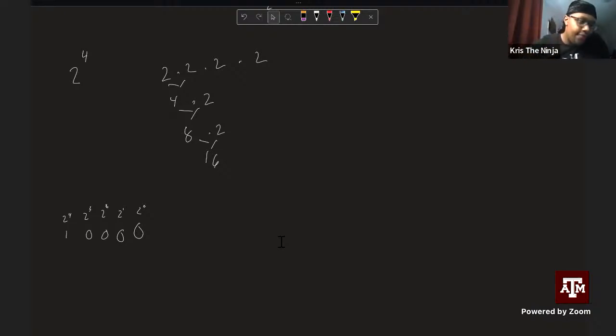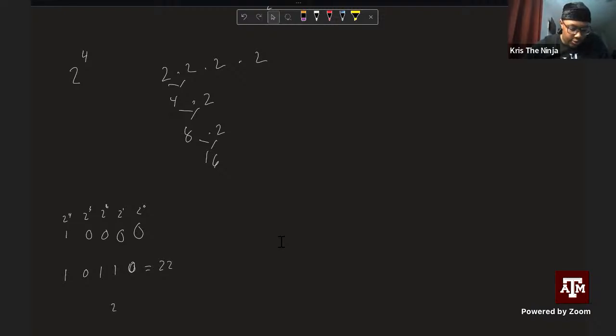So if I were to write this number here, this is equivalent to 22 because I have 2 to the first, so 2.